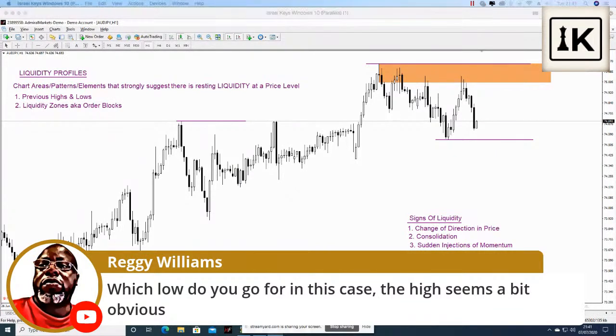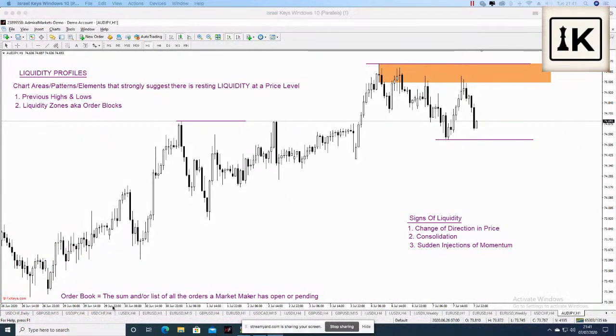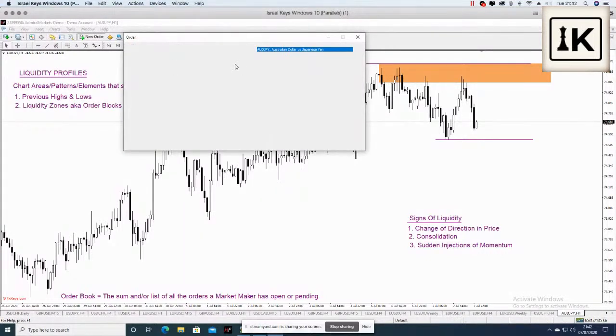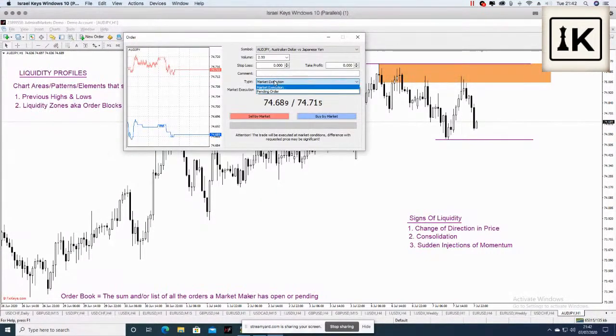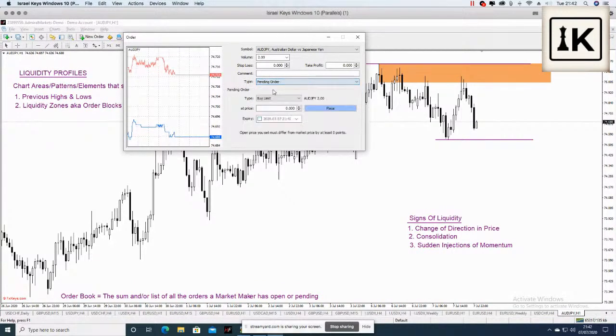Now, the reason we call them order blocks is if you come back down here, we spoke about an order book. So a market maker has a portfolio of trades they are in or want to be in. They're called orders. For instance, if you come to your MetaTrader, you open a trade either at market execution or pending by placing an order.